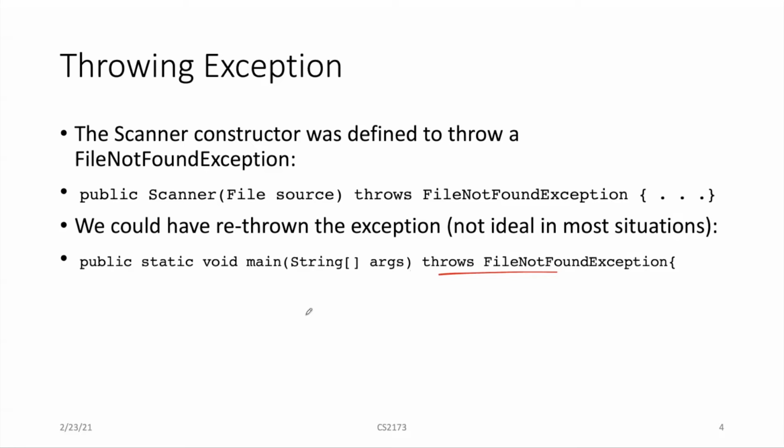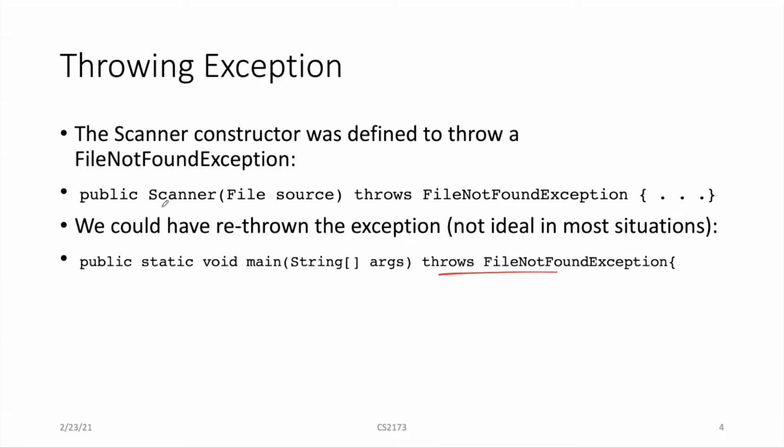In general, throwing exceptions from main is not the best idea. Why? Because there's nothing to catch it. If this exception actually gets thrown, then you get all that red stuff in the console. And that's not an ideal thing to happen.